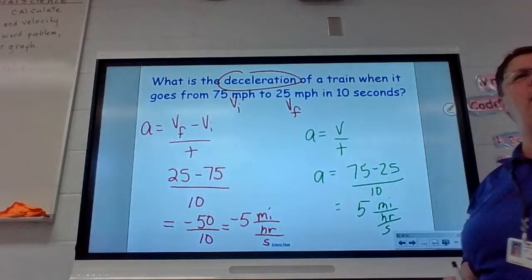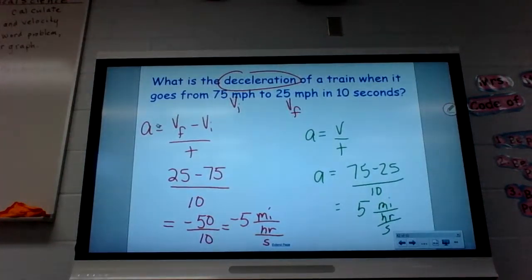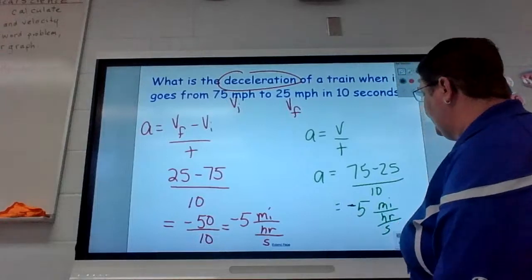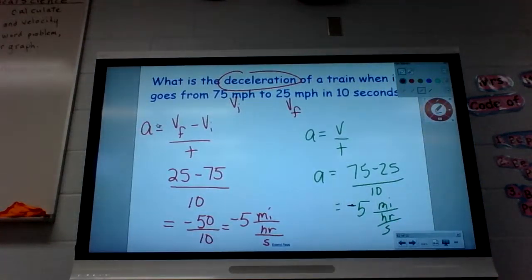So how is he going to know the order of the numbers? Exactly. Because the question said deceleration, he's got to know the answer has to be what kind of number? It's got to be a negative number, so all he has to do is put a negative right there, and he's good to go. So it doesn't matter which formula you pick, as long as you can read it.